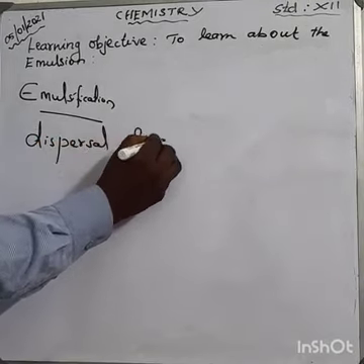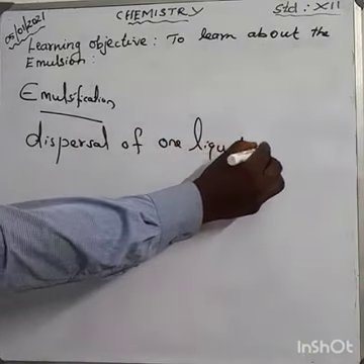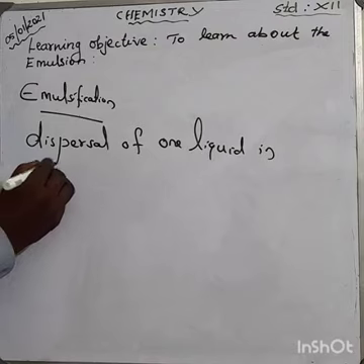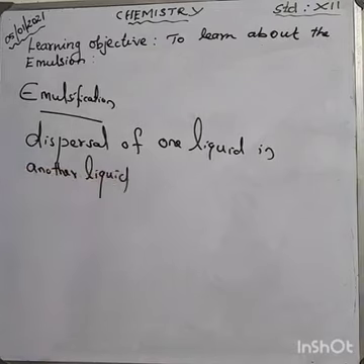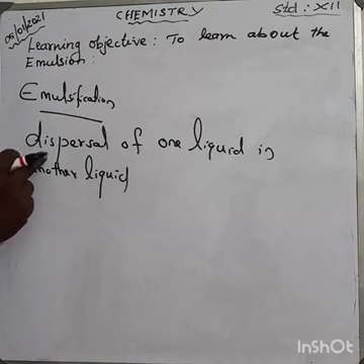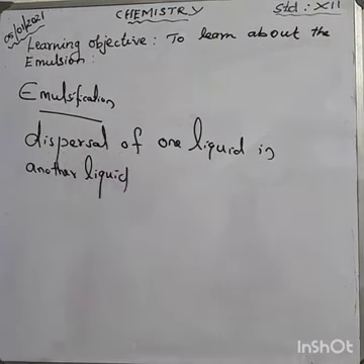The dispersal of one liquid in another liquid is called emulsification. The process of preparation of emulsion by the dispersal of one liquid in another liquid. What is emulsification?